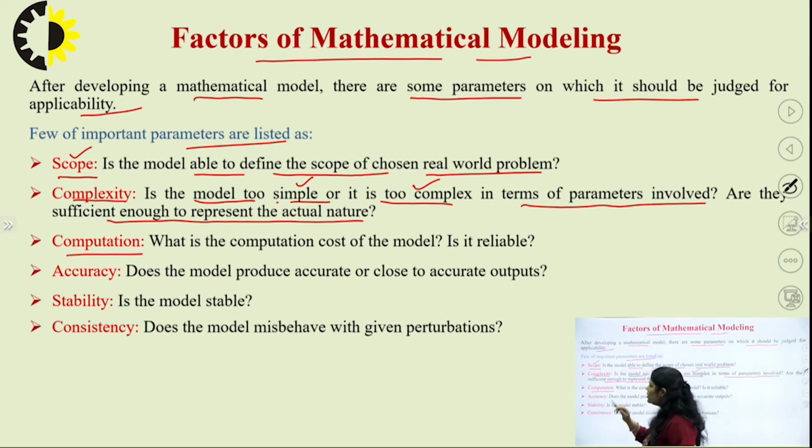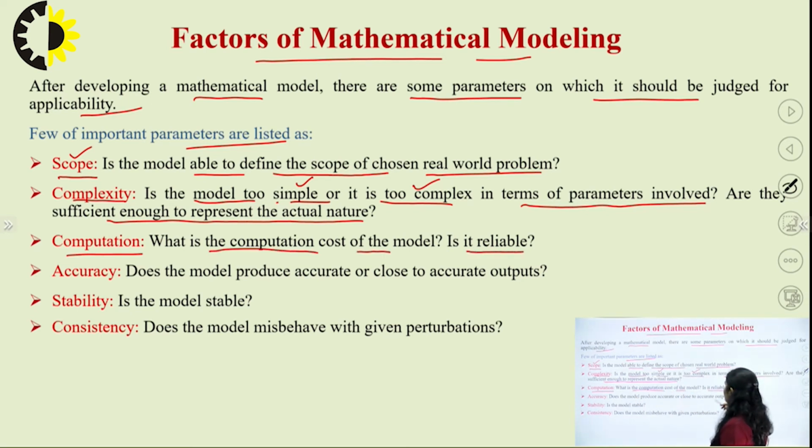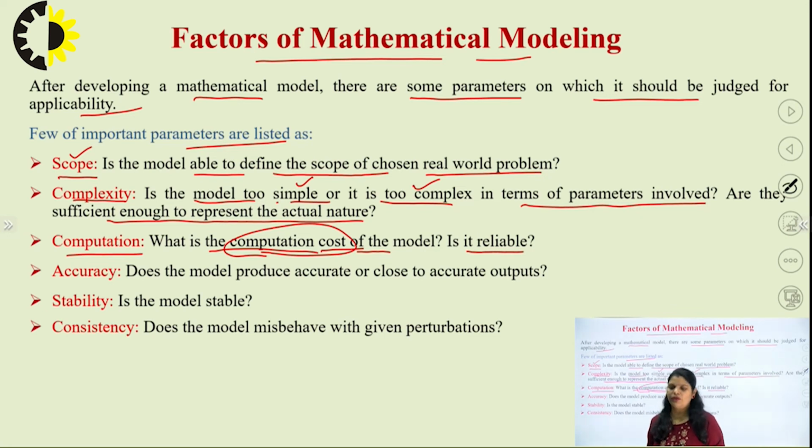Now we come to the computation. In computation, we will see what the computation cost of the model is. Is it reliable? It should not be very costly. For the computation process we will use different software and different techniques, so we have to check the cost of the computation here.